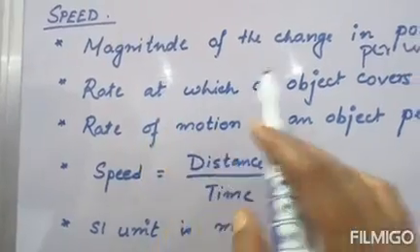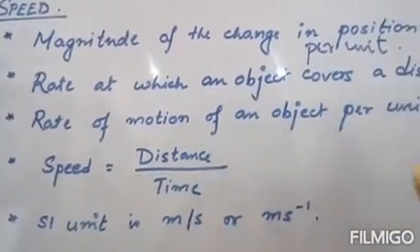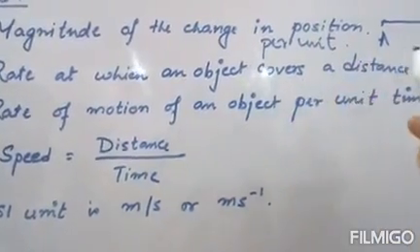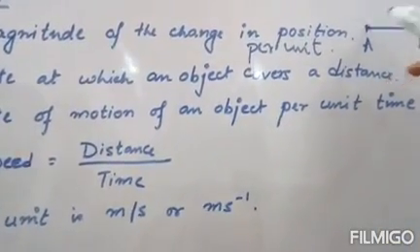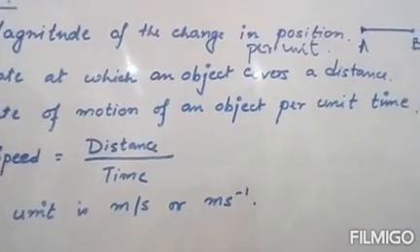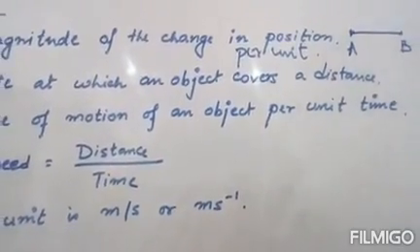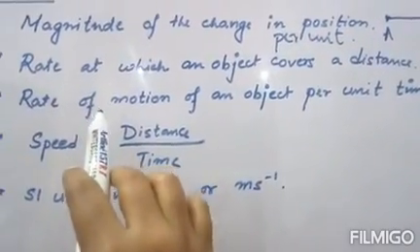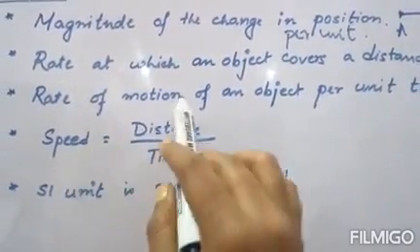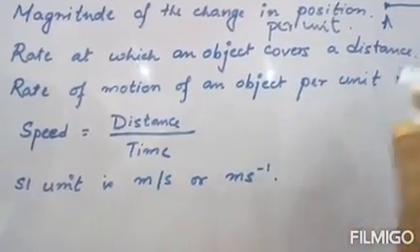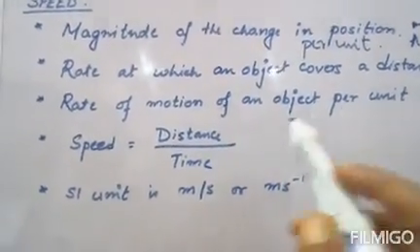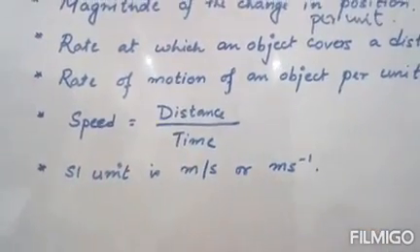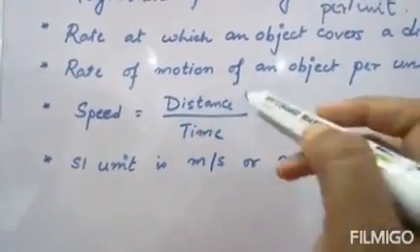Second is the rate at which an object covers a distance. Rate at which an object covers a distance means, suppose you were here and you have moved over here and you have covered this distance in a certain amount of time. That is what is defined in the third definition, that is rate of motion of an object per unit time. Next, the formula by which you can define speed is a ratio between distance and time.